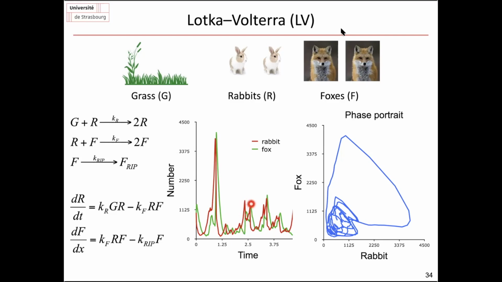Every time you have that, you see this alternating population dynamics. And if we make a phase portrait here, we can see that there is indeed a limit cycle. Now, it's not a very nice shape, right? Because we have noise, because of the stochastics of the movement of the rabbits and foxes.